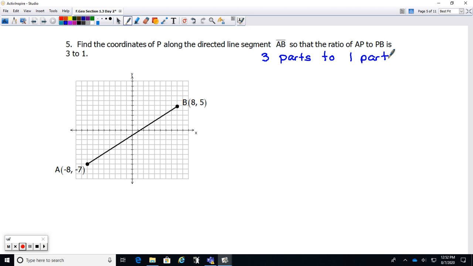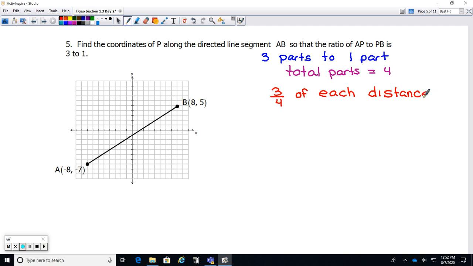And then, as I've been telling you along the other ones, count the total parts, because that's important. So the total parts would be 4, because I add the 3 parts and the 1 part. This is going to help me figure out the fraction I need to find. I need to find 3/4 of the entire line, so 3/4 of each distance.